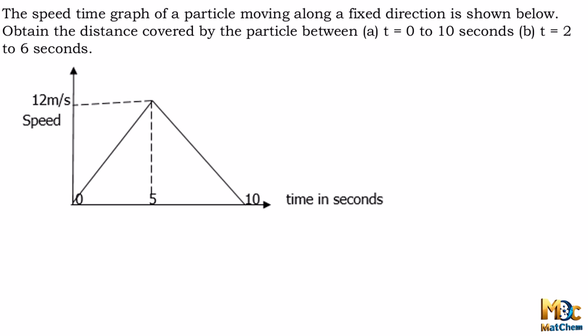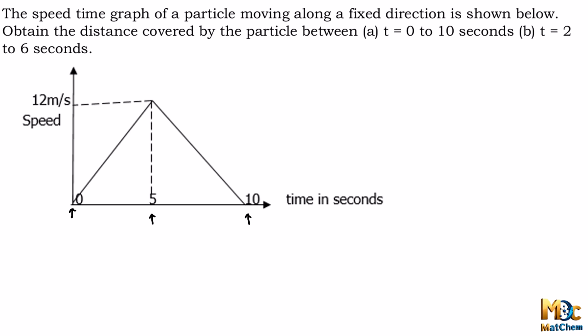By seeing this question, you can understand that they have given you a velocity versus time curve. From the time 0 to 5, as well as from 5 to 10, the graph is in two different directions. From 0 to 5, the speed is increasing with respect to time.